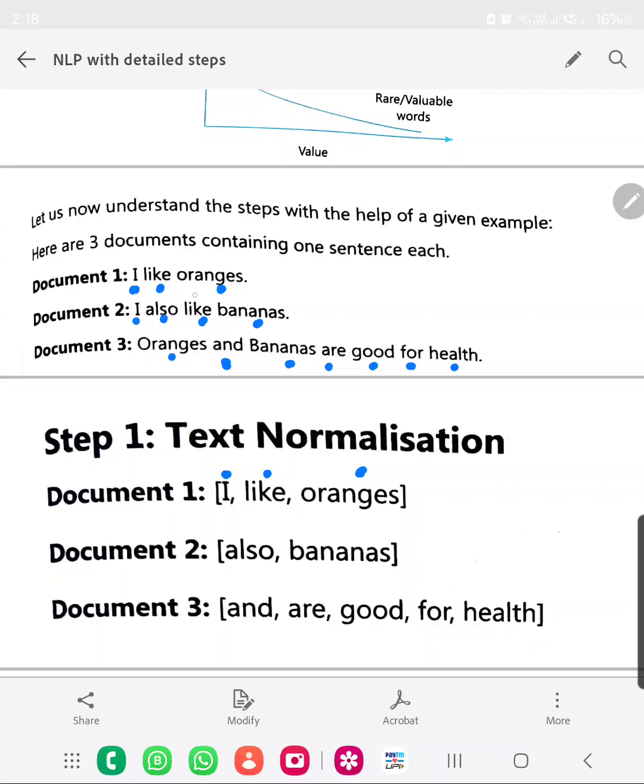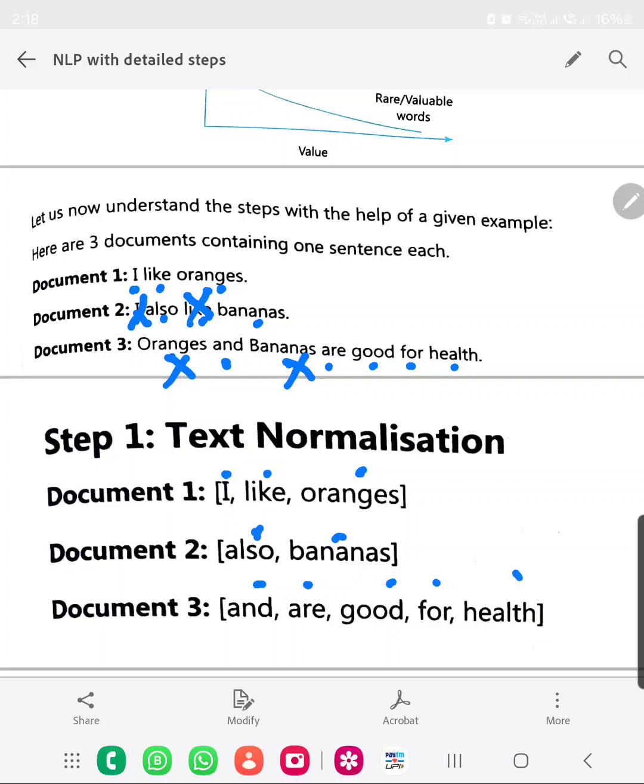Since also is not used earlier, we will include also, and then like is already used, so we will not take it, and we will add bananas. Then oranges is already used, we will not take it. Bananas is already used, we will not take it. And the rest of the words, and, are, good, for, health, are all included.